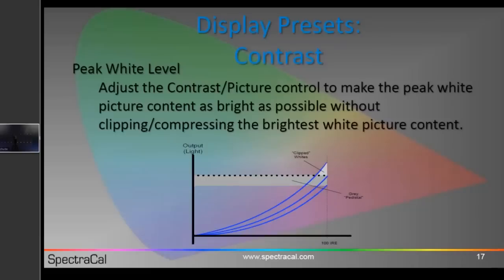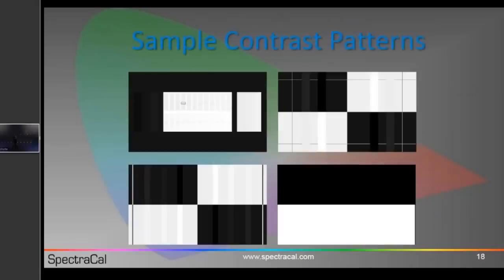So we would lose some of that bright gray detail, and that's something we don't want to have happen. So we want to use an appropriate test pattern to be able to set the brightness control, the contrast control as bright as we can, but without losing that bright gray detail.